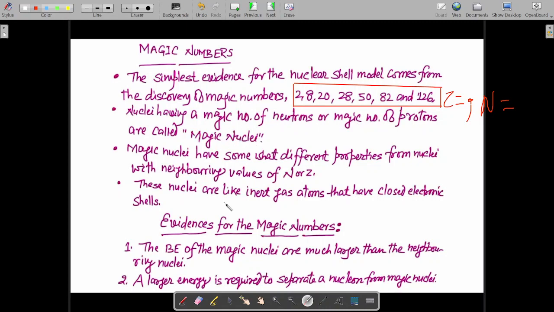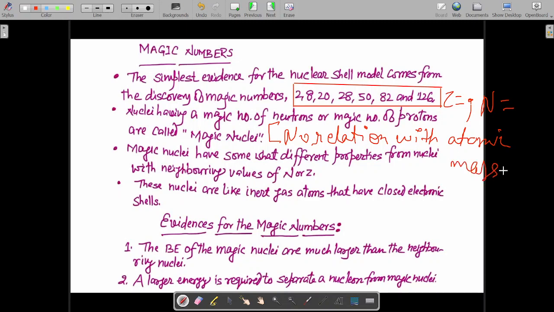Please remember that it is not the atomic mass number A. No relation with atomic mass number. No matter whether the atomic mass number A, that is the total number of nucleons, is a magic number, it might still not be a magic nuclei.